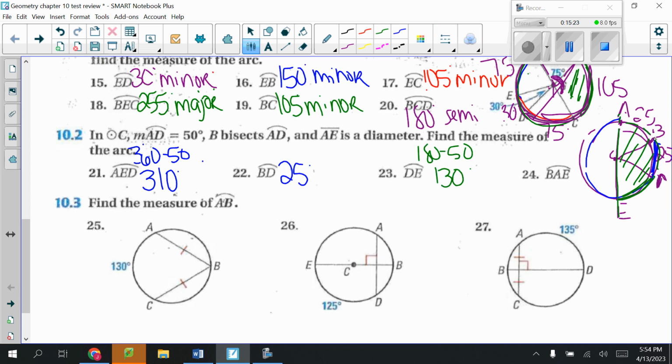So this is BAE. I know all of this is 180. This is 25. So 180 plus 25, we get 205 degrees.